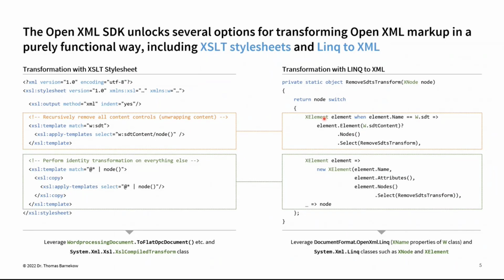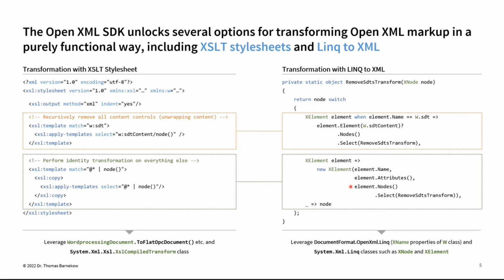For example, if you have a node that is to be transformed, and that node is an XElement, the name of which is w:sdt, then you transform it by taking the element, taking the nodes of its w:sdtContent, and then simply transforming those nodes by using the same transformation function.